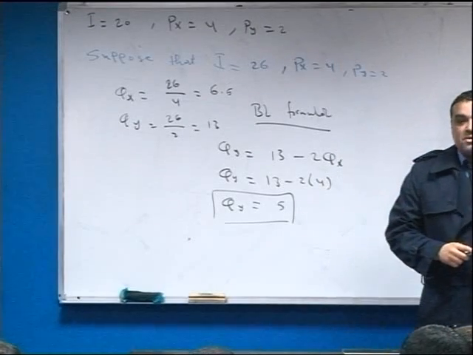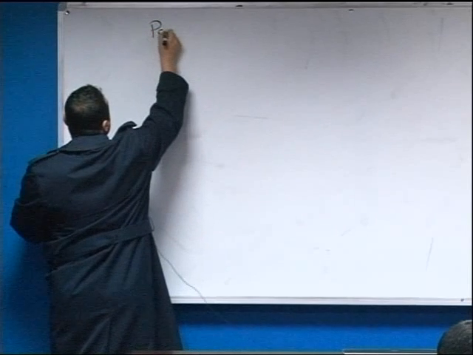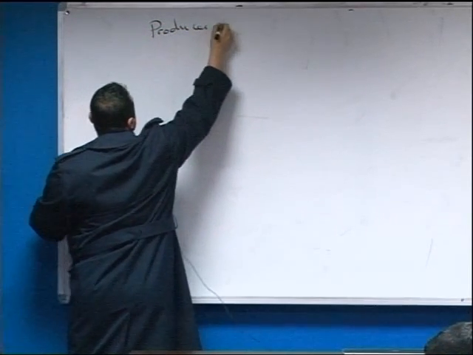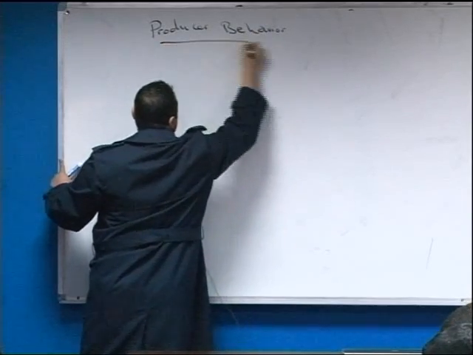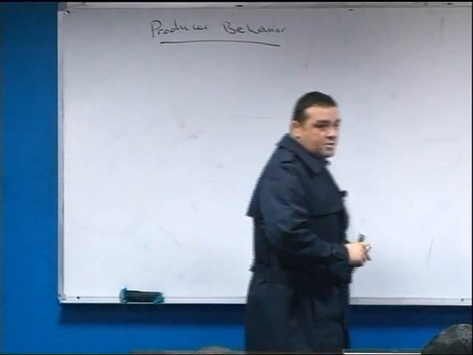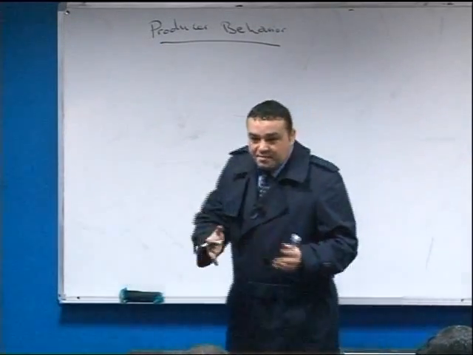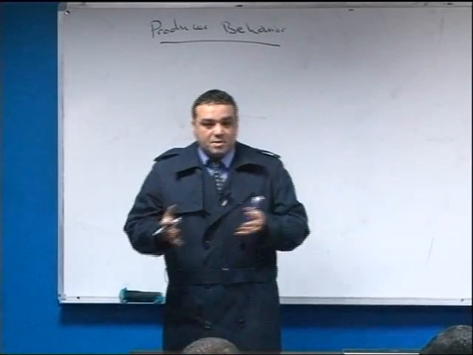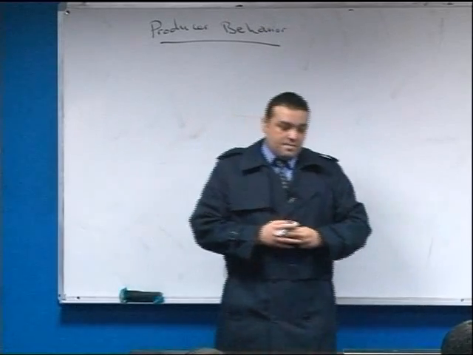Let's go to chapter 5, which is the producer behavior. The rational producer behavior is similar to the rational consumer behavior.